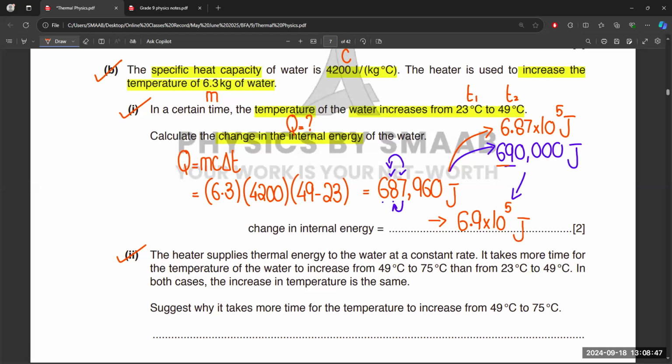Okay, now try the second part. Any idea? Read the second part of the question and try to answer.